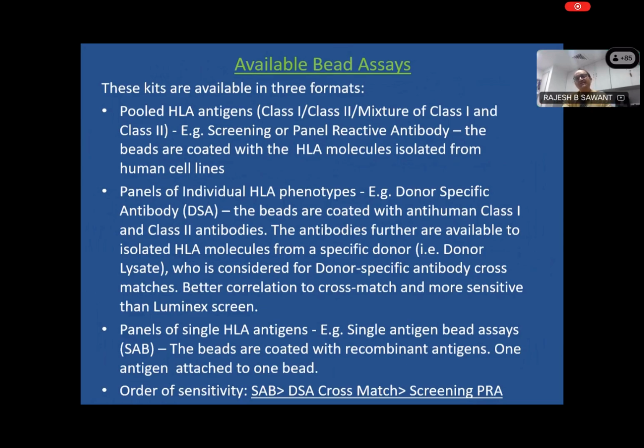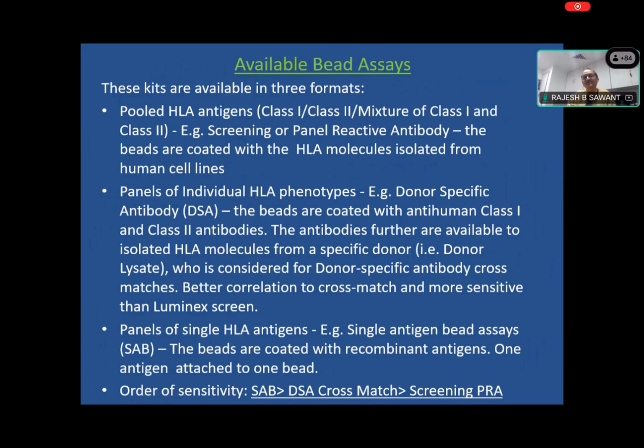One step further, you may do a screening or panel reactive antibodies, where for class 1 you have 7 different beads on which various classes of HLA antigens are coated. In the class 2 library, you have 5 different beads coated with 5 different class 2 antigens, and you get a fairly good idea against which particular class or HLA type there are antibodies in the recipient.